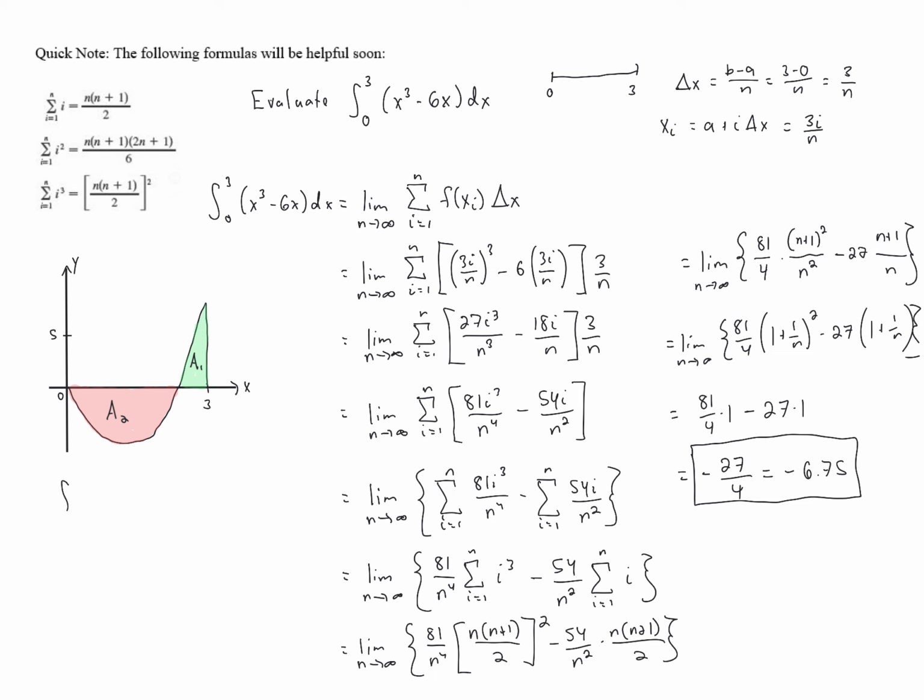So this whole integral that we calculated of x cubed minus 6x dx is actually equal to the positive area, the area that's above the x-axis, minus the area of the region that's below the x-axis.